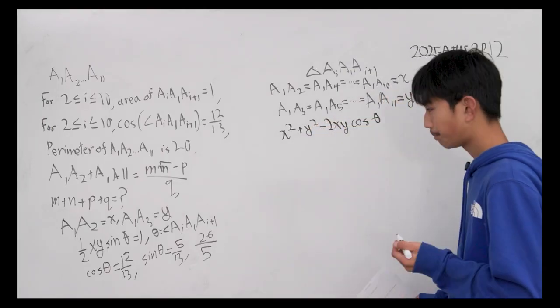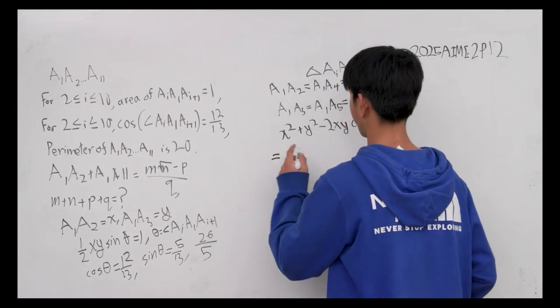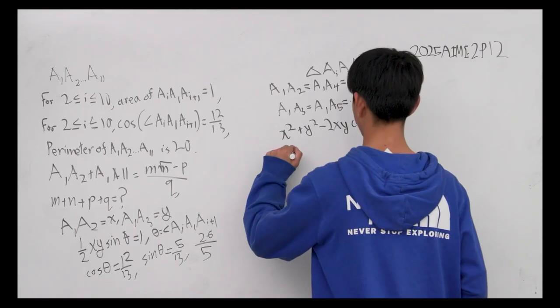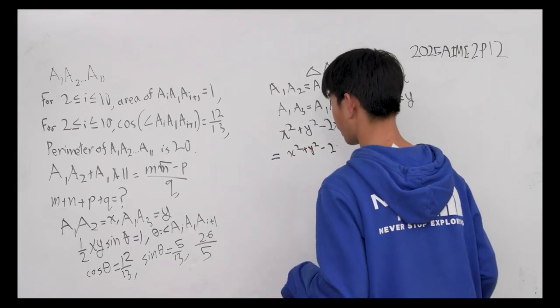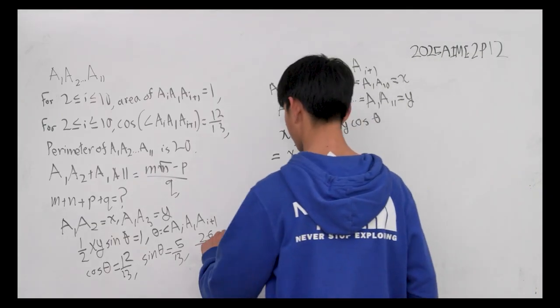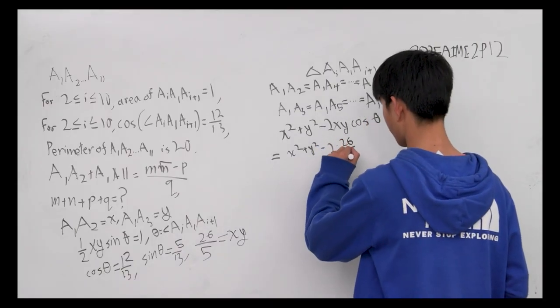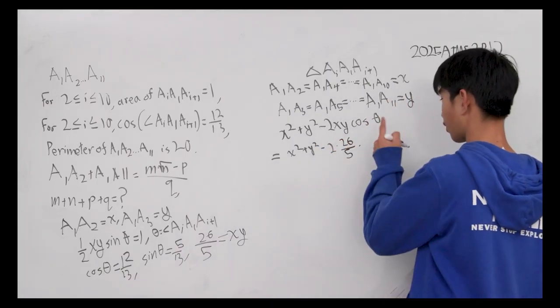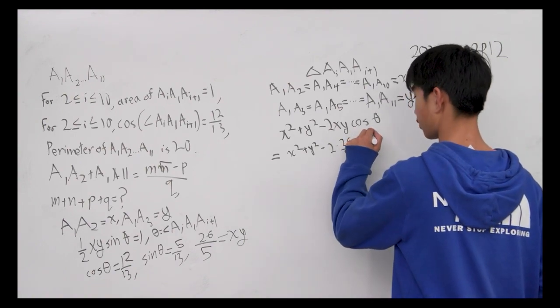From here, we're basically cruising, right? So you have x squared plus y squared minus 2xy times 26 over 5 times cosine theta, which is going to be equal to 12 over 13.